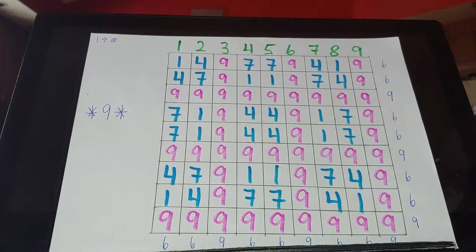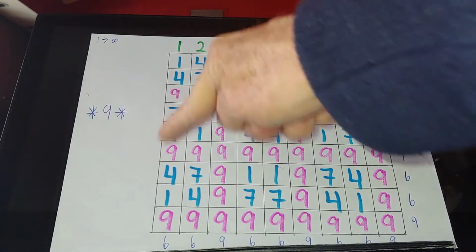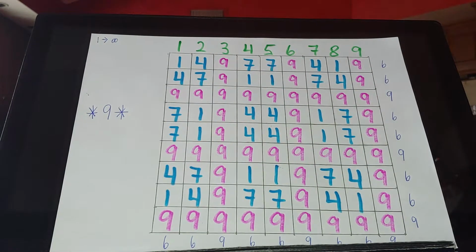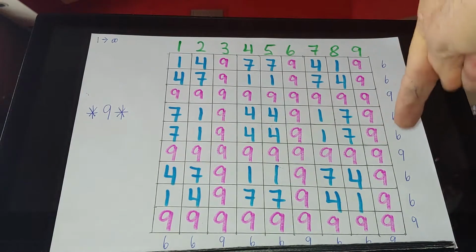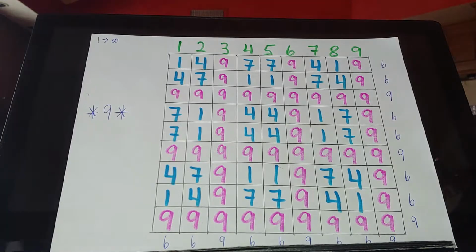And no matter how many times we go from 1 to 111,111,111 and make that 9 more ones and 9 more ones and 9 more ones, it will always give us this sequence of numbers. It will always give us 669, 669, 669, 669, 669, 669, and that's the important thing.